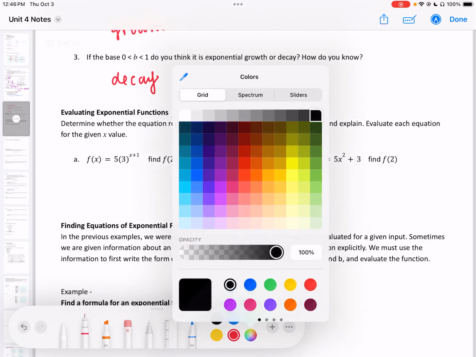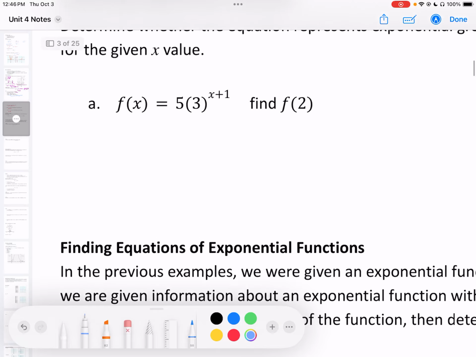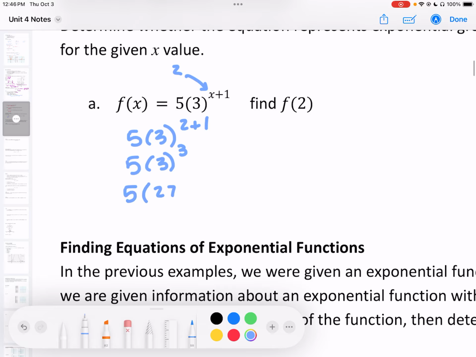Now, if we're interested in solving or evaluating functions that are exponentials, we simply just need to plug in those points. So here I'm going to go ahead and plug in a 2 and solve. Keep in mind that I do want to simplify that exponent before I do anything else, and then I want to solve the exponent before I multiply by 5.